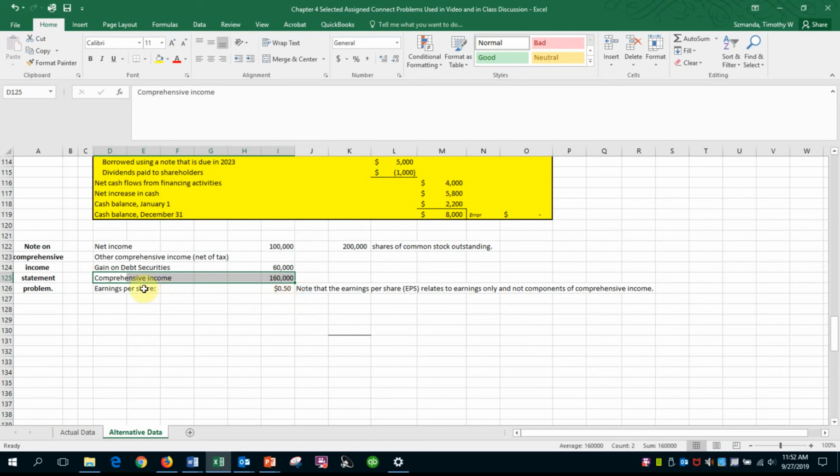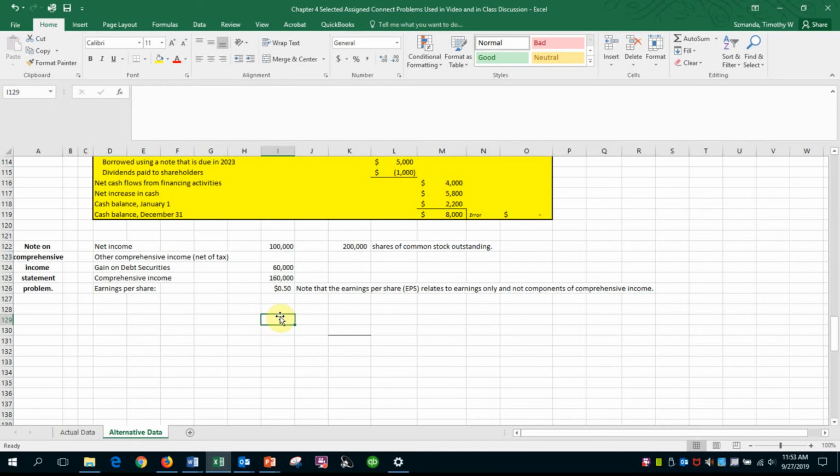And comprehensive income captures earnings, net income, plus it captures the other items that do affect our net worth, but were not the result of operating income or net income. So our comprehensive income, which includes the non-earnings of other comprehensive items, is $160,000.